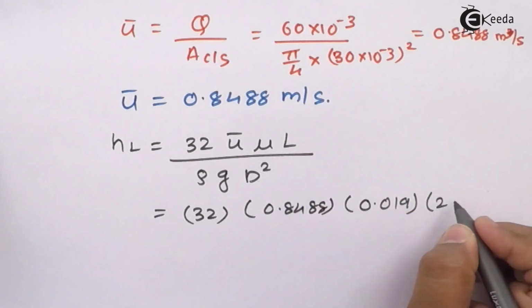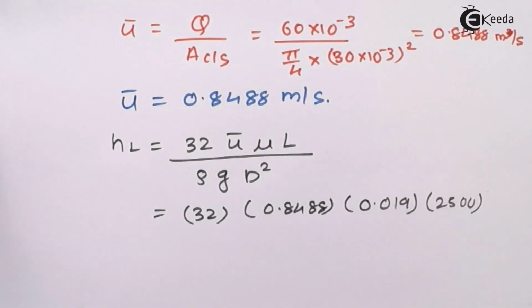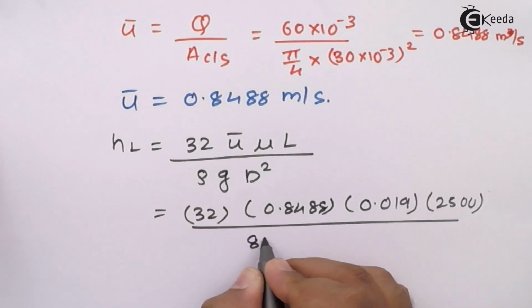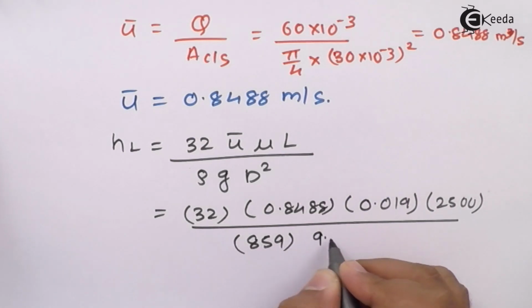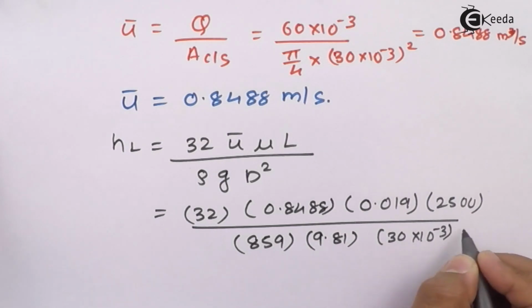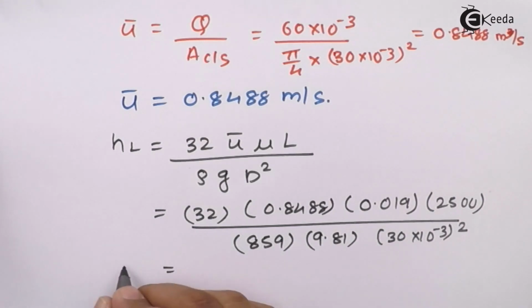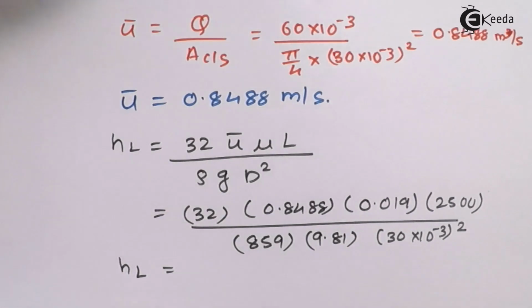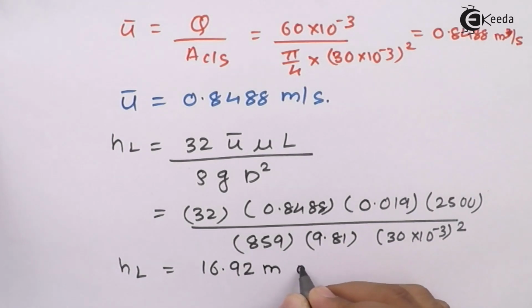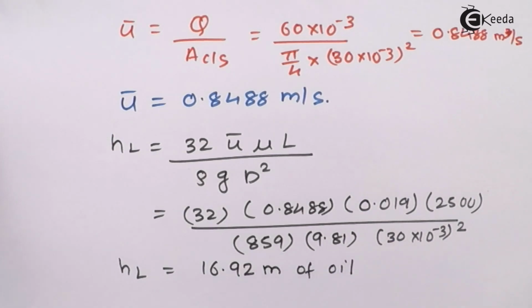This length is 2.5 kilometers, that is 2500, upon rho, which has a value of 859, g is 9.81 into 30 into 10 to power minus 3 the whole square. So the head loss will be equal to 16.92 meter of oil, or this is the head loss in that entire part.